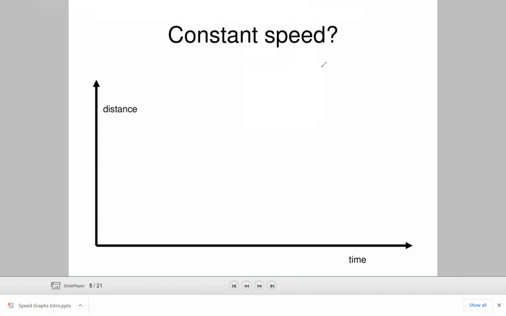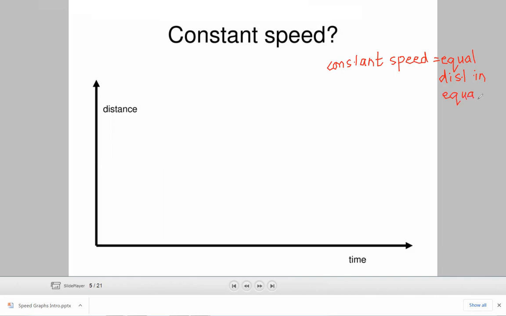So constant speed, if I write it in terms of the English language, we say constant speed is when an object covers equal distance in equal time.